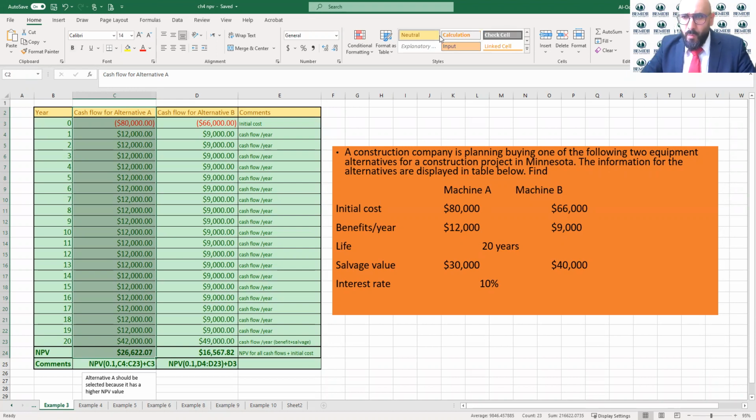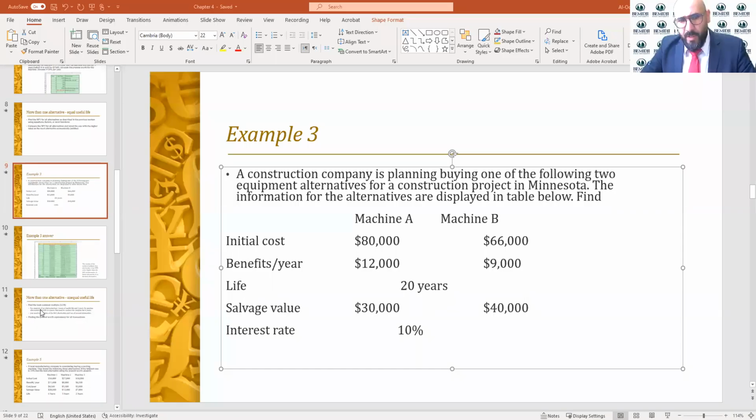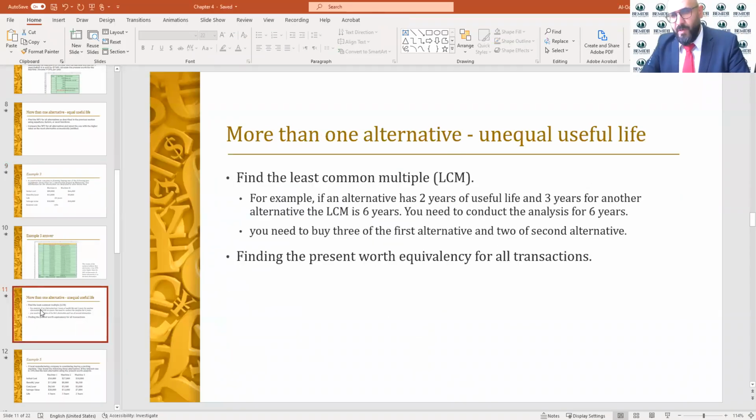Now, we're going to see if we have alternatives with different useful life, such as here. Let's go over the background information first. When we have more than one alternative with unequal useful life, we use a technique called the least common multiplier. The least common multiplier is a technique that we use to find out for how long we need to conduct this analysis.